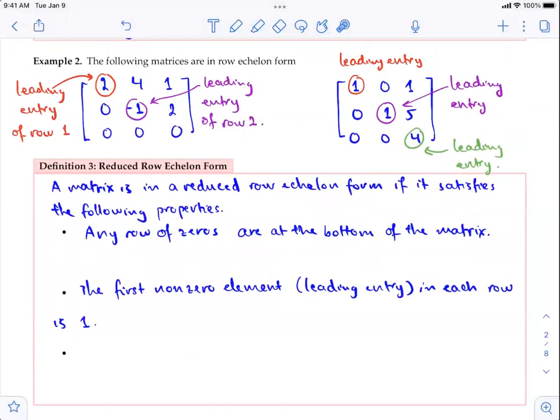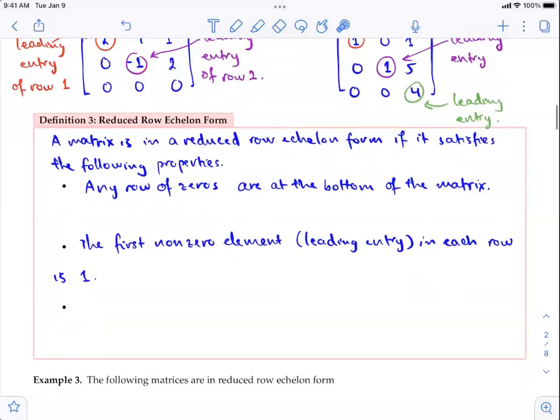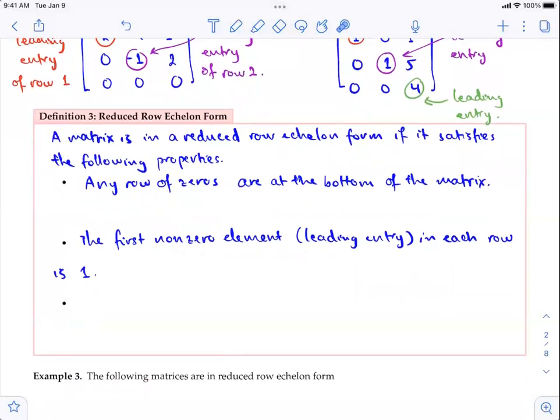So you have to somehow manipulate the matrix so that you can obtain 1 from this entry. It cannot be -1. Again, you have to somehow manipulate the matrix so that you can obtain 1 from this -1. We will learn how to do that later. So the first non-zero element, or the leading entry, in each row is 1, and this is called the leading 1.